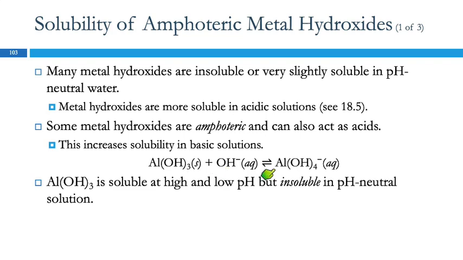And so we can form this compound of aluminum with 4 hydroxides and a -1 charge. This is going to be soluble as opposed to the aluminum hydroxide. So you can get this to dissolve at high pHs in a basic solution.